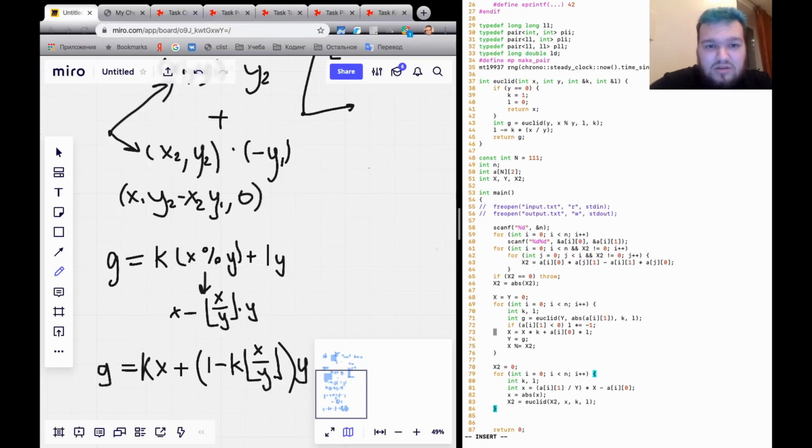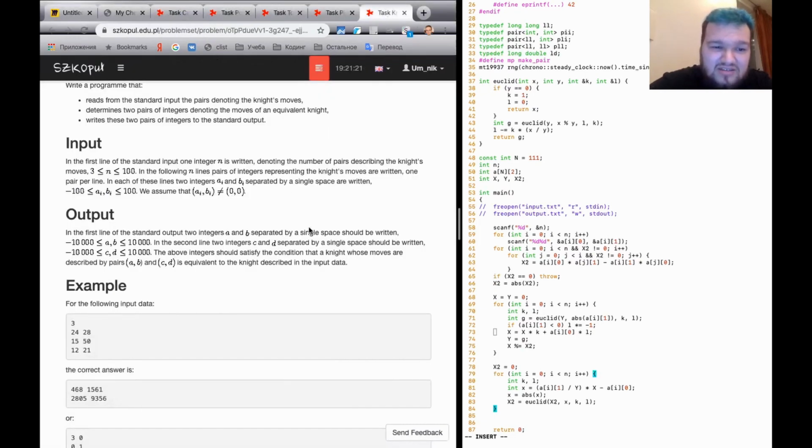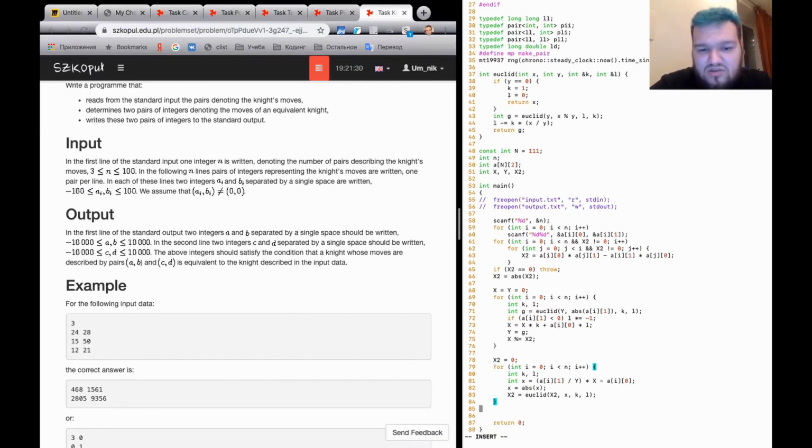Well, that's the answer, but it could have big coordinates, I suppose. I don't really know what to do with that. Okay, it could have coordinates up to 2 times 10,000, like 20,000. Okay, let's submit this.